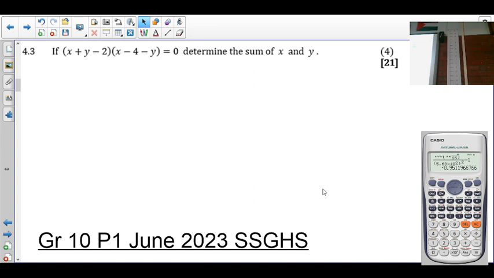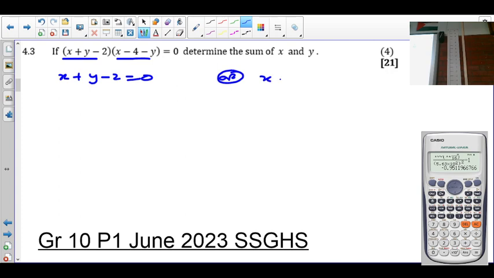Because we know that each product is equal to 0 here. So we say that x plus y minus 2 is equal to 0, or x minus 4 minus y is equal to 0. So I'm going to make x the subject of the formula in the first equation.